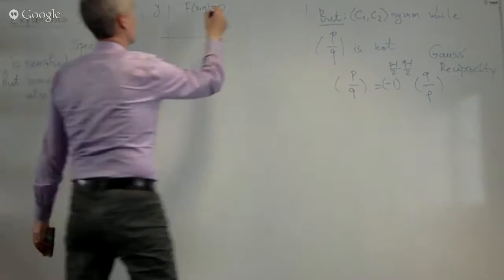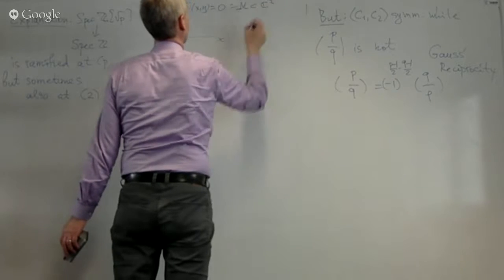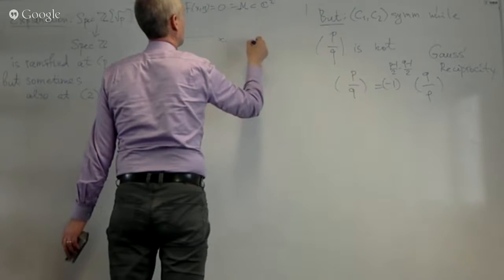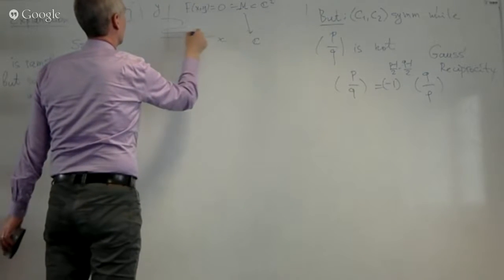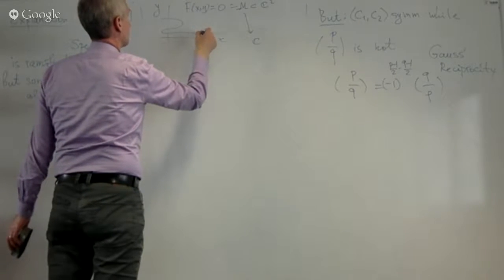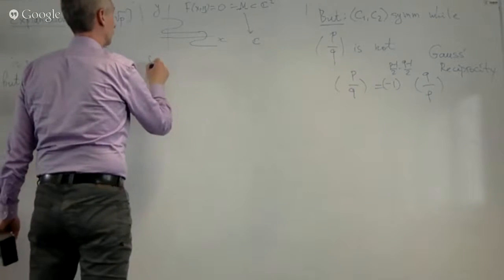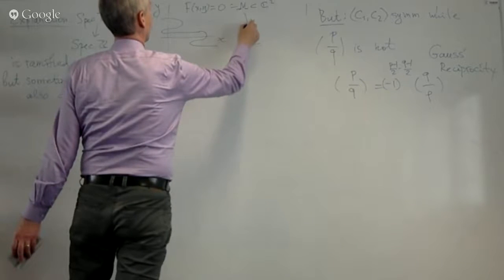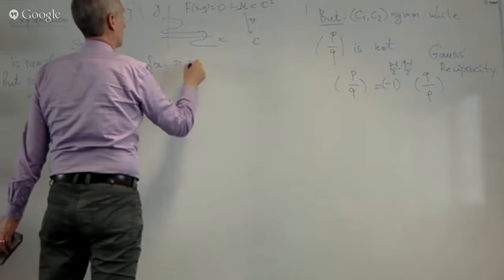Suppose I call this curve N. It's a curve in C2 that projects onto C. The projection is called pi, and pi is ramified over x.